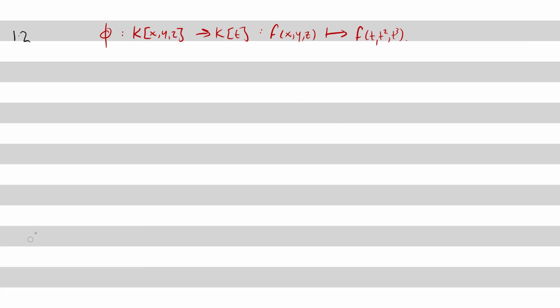Therefore, the kernel of this phi is (z minus x cubed, y minus x squared), because it's by definition every function of this type where this is equal to 0.